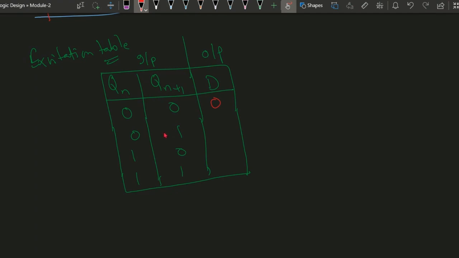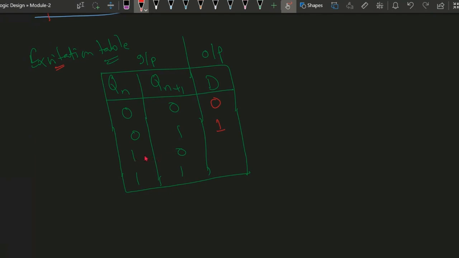So after the clock, whatever will be the output is the next state, and before the clock, the output is the present state, or the previous state. If the present state is 0 and the next state is 1, D should be 1, then only it is possible. You can look at how the excitation table is there, and go through the previous videos I have already shared.